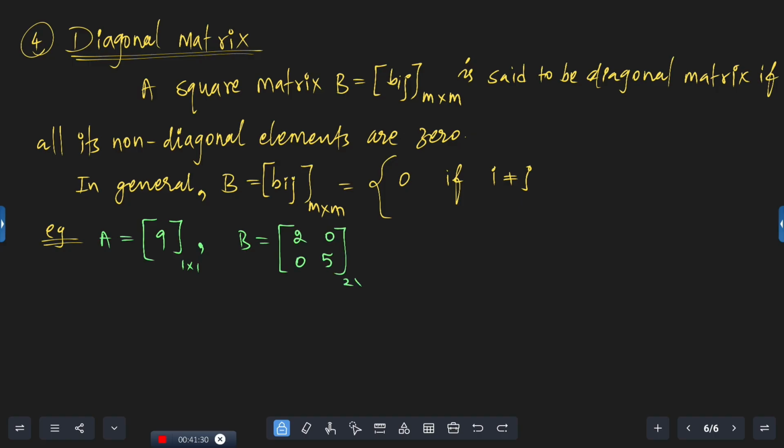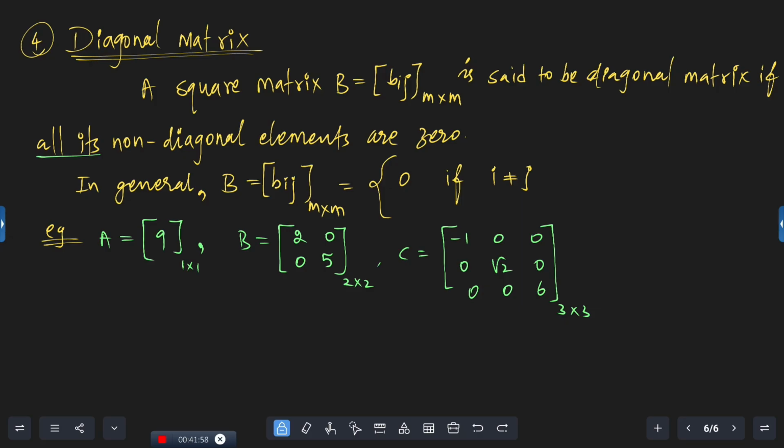This will be a 2 by 2 matrix. And matrix C equal to -1 0 0, 0 root 2 0, 0 0 6. This is a 3 by 3 matrix. So what we have learnt here is that except for the diagonal elements, the other entries are 0.